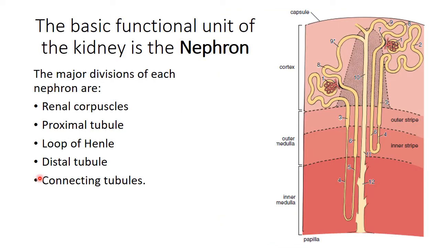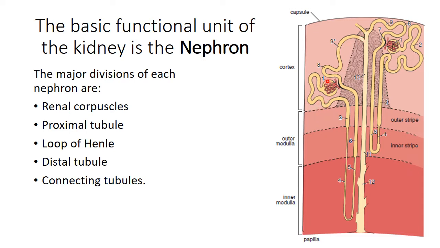The basic functional unit of the kidney is known as the nephron, which is this complex structure starting with the renal corpuscle, this spherical structure, and continuing as the proximal tubule, loop of Henle, distal tubule, and connecting tubule.